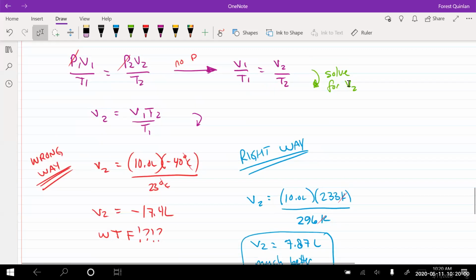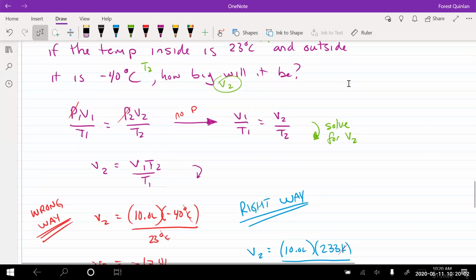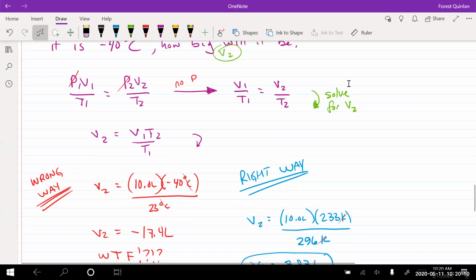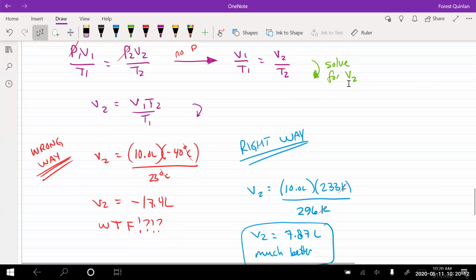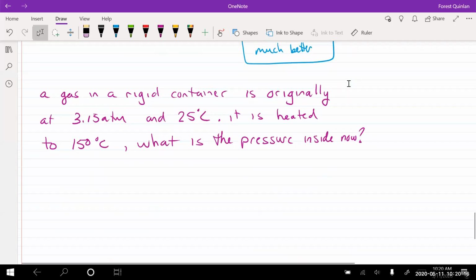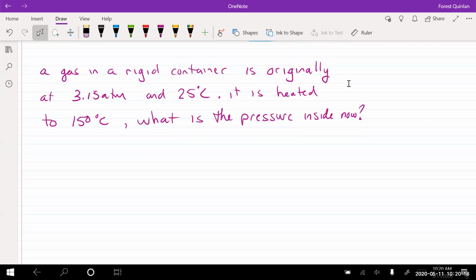You've got to add 273. So the Kelvin is always bigger than Celsius. Oh, wow. So I made a mistake over here. Thank you.